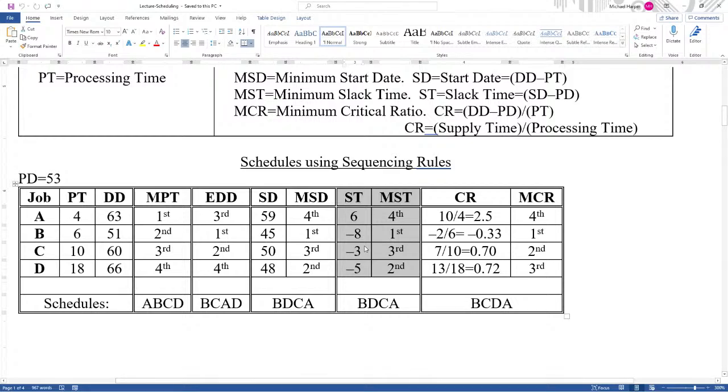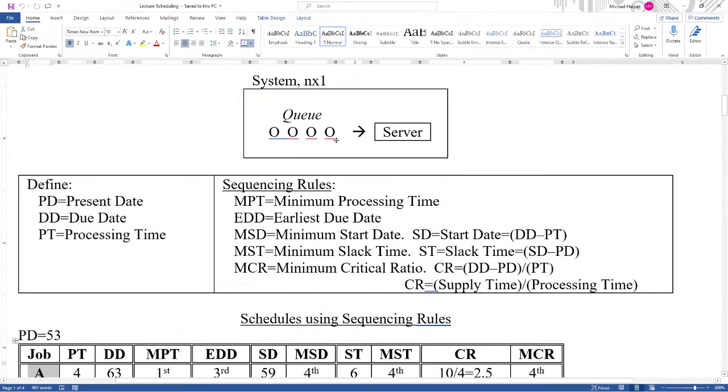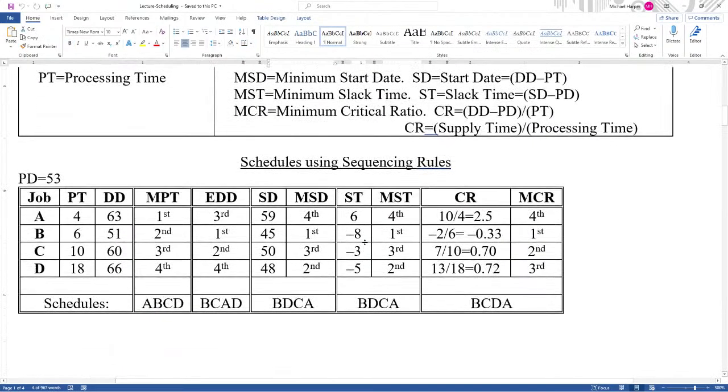The only job that will not be late will be A, because you can't start all the jobs together. You can only start them one at a time. Any of these jobs, if you start them, will be late. This one will be early. So the only job that will be early or on time is A.